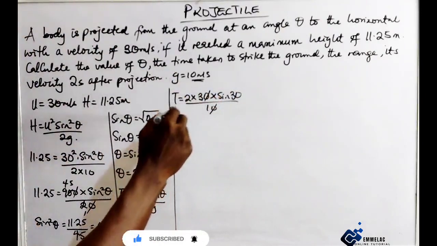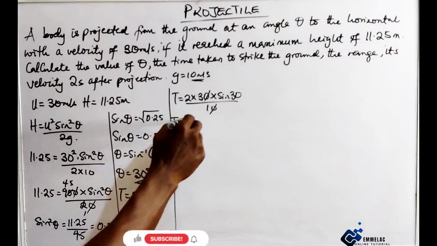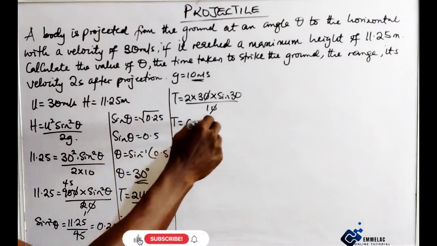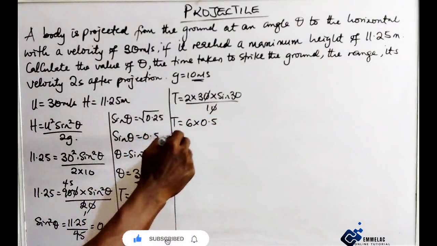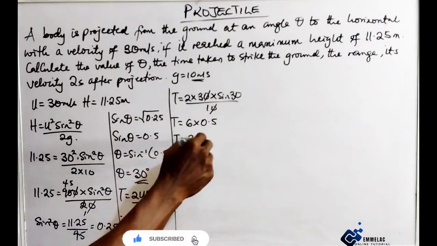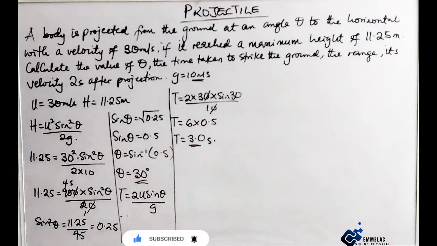This will eliminate this. We have that t equals 6 times 0.5, so t equals 3.0 seconds.